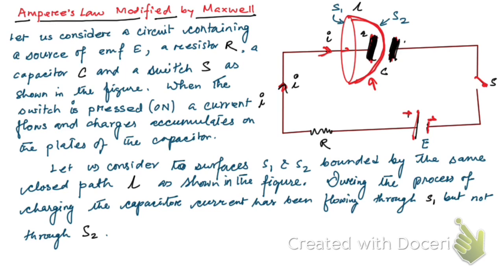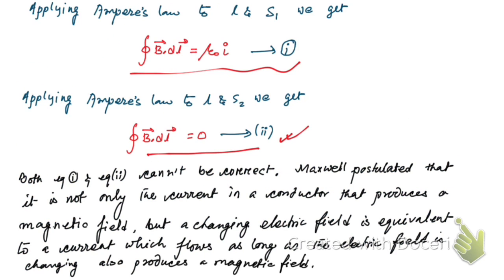is responsible for the presence of the magnetic effect here, and that is equivalent to the displacement current, which I have mentioned here. Let me go to the next page, take the screenshot.